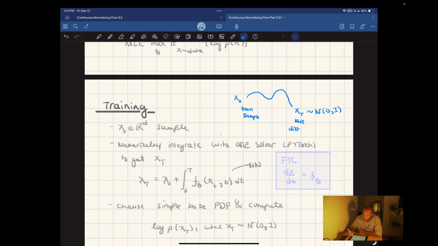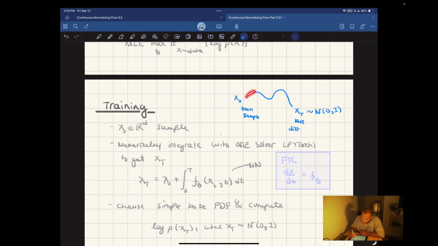So essentially, to solve this integral in PyTorch, we're going to use an ODE solver to numerically integrate it. It's like in the discrete normalizing flow, where we would compose maps together and then apply them to x. We're basically doing that in continuous space.